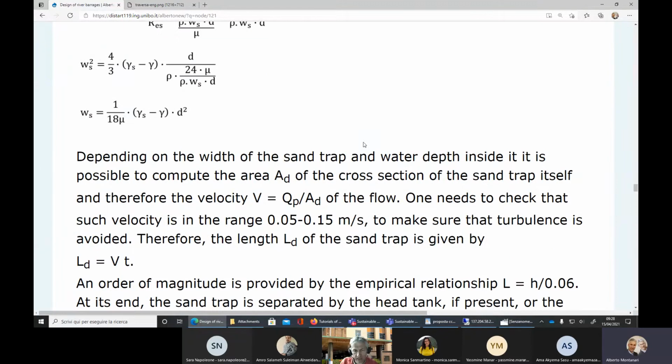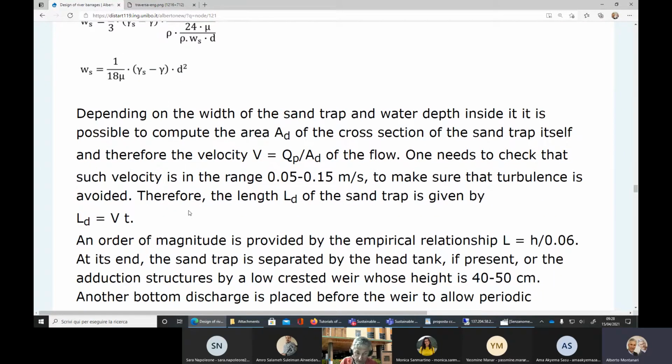Once you know the velocity of sedimentation, I made a sketch, and we proved that it's necessary that each particle of sediment stays in the sand trap a time long enough to allow sedimentation, to allow a particle placed at the top level of the sand trap to reach the bottom.